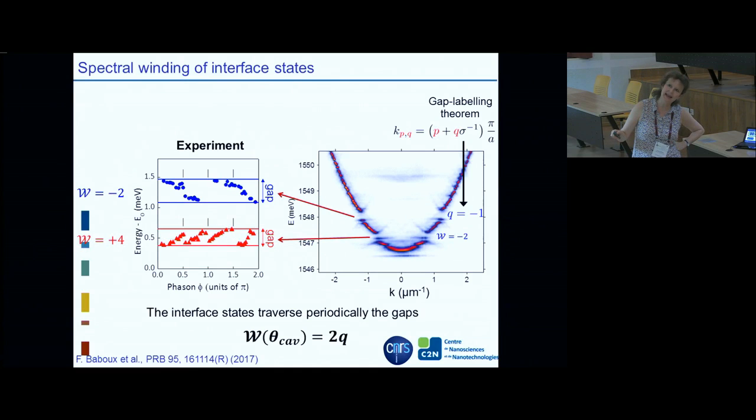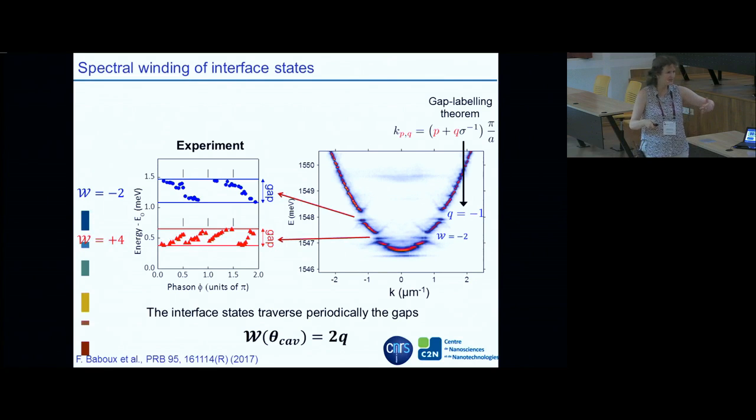And what you see is that the Q equal to -1 traverses once in this direction, while the Q, I'm sorry, it's Q here, equal to -2 traverses twice and in the opposite direction between 0 and pi. Okay, so we really see that we can have access to this topological invariant by changing phi.